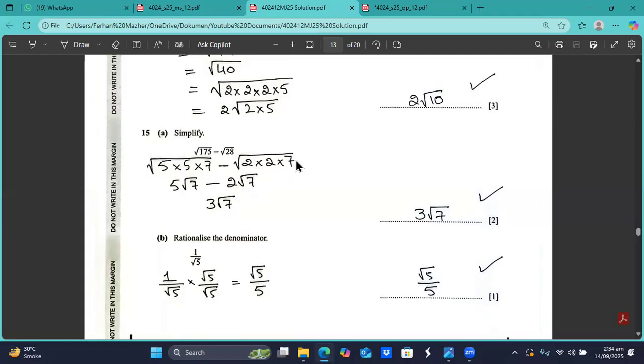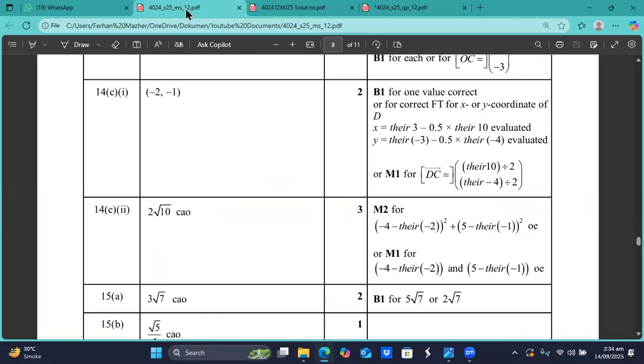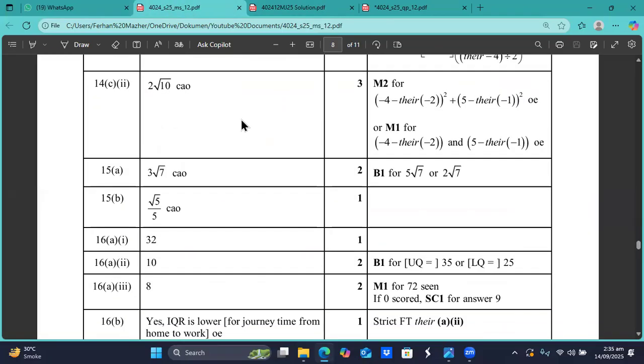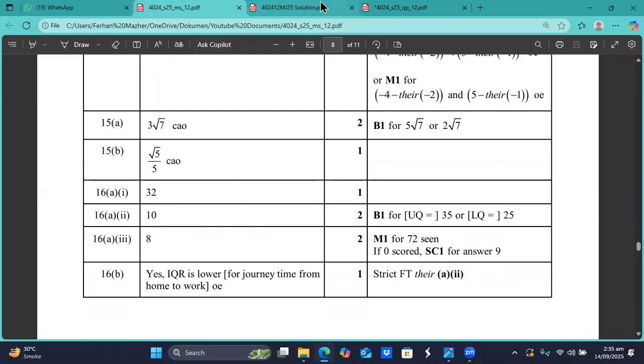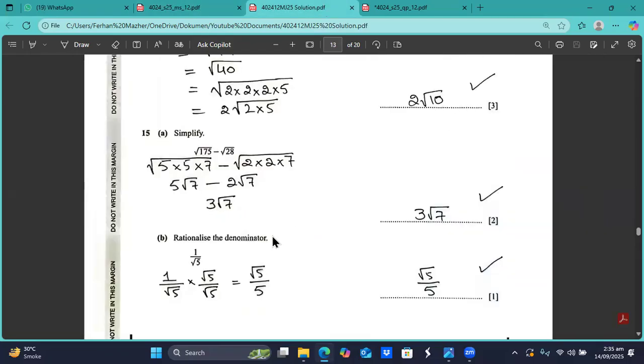This 7 does not have a pair, so it remains under the radical. So 5 apples minus 2 apples. So you are left with 3 apples. 3 under root 7 is the answer, sir. 3 under root 7 is the right answer, sir. So this is the new topic which has been added. It's surds. So it's good.